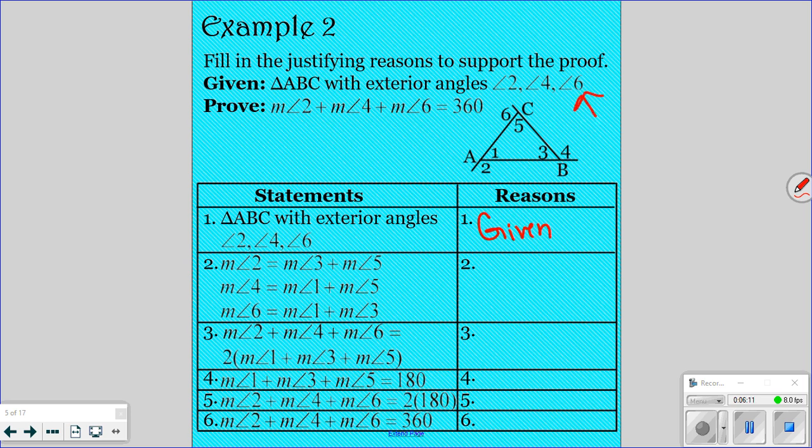You always want to start with your given. From here, angle 2 equals angle 3 plus angle 5. Angle 4 equals angles 1 and 5. And angle 6 equals angles 1 and 3. Anyone know the theorem that goes with that one? It's the exterior angles theorem.